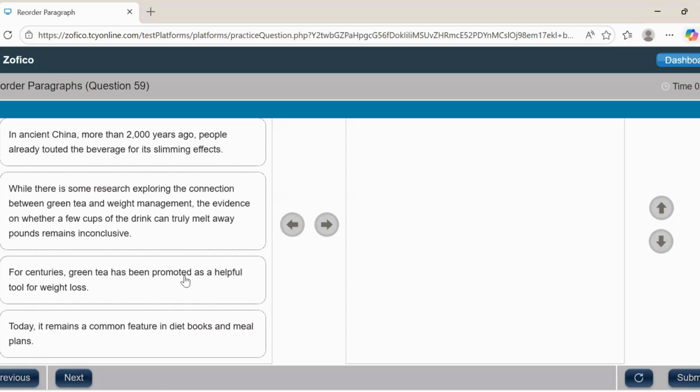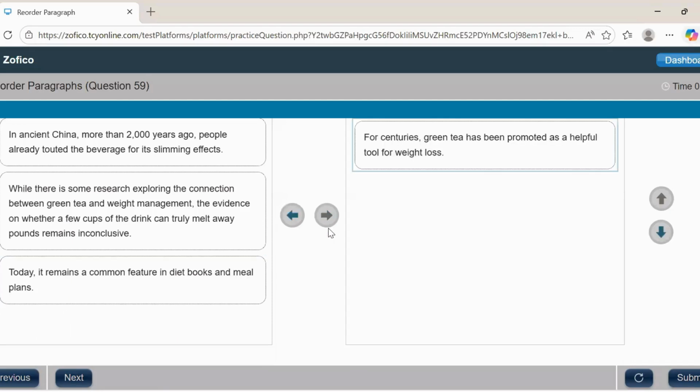For centuries, green tea has been promoted as a helpful tool for weight loss. Or while there's some research exploring the connection between green tea. Third one. What do you think? Third one, yes. Which should be the next? Promoted.